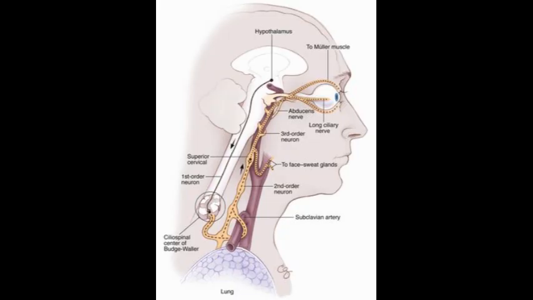The one that follows the ECA carries the sweat fibers and vasomotor fibers to the face. The ICA takes the oculosympathetic fibers, which continue into the cavernous sinus and then the orbit, traveling with the ophthalmic division of the trigeminal nerve, V1, to their destination.